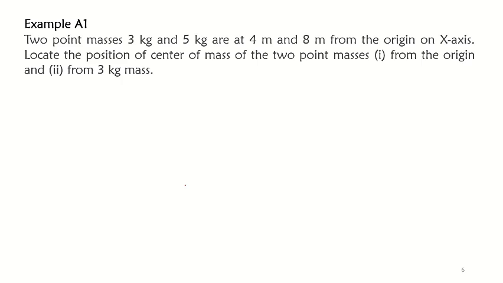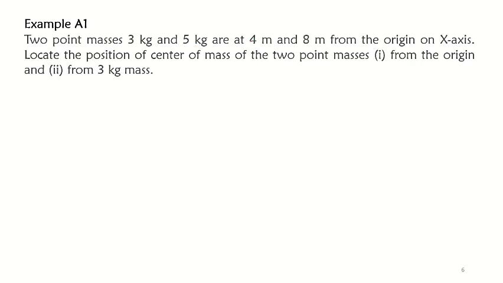For example, we have 2 point masses, 3 kg and 5 kg. In this case, the system of particles is made up of just 2 bodies, 2 particles. The first particle has a mass of 3 kg, while the second has a mass of 5 kg.